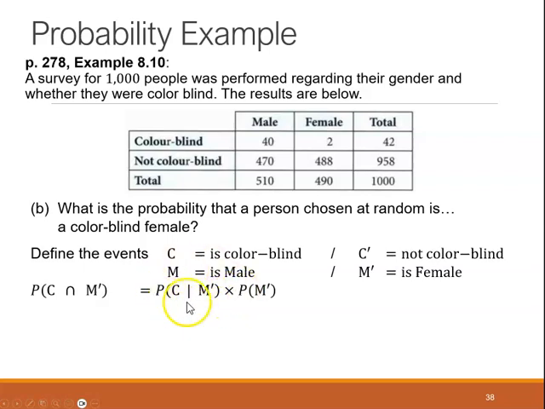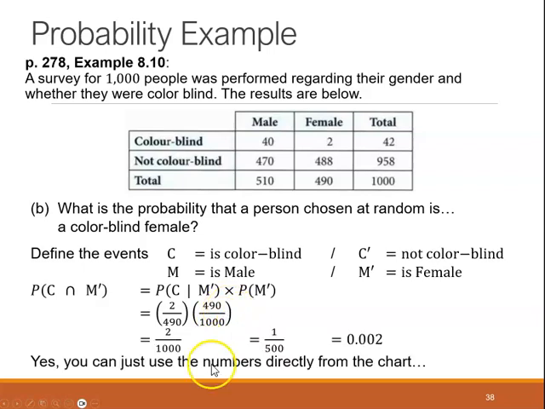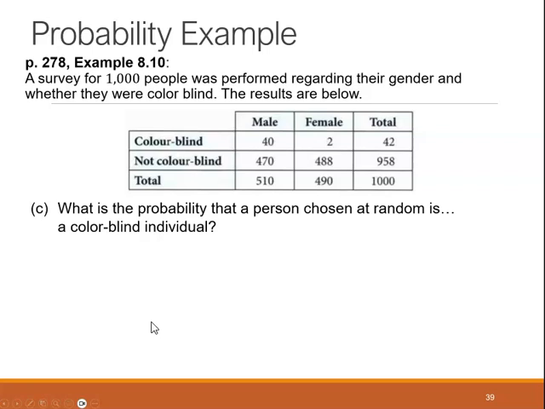So again, probability of colorblind given not male times the probability of not male. So 2 out of 490, and then 490 out of 1,000, or just 2 out of 1,000, which would have been naively what we would have said, right? What is the probability that a person chosen at random is a colorblind individual?